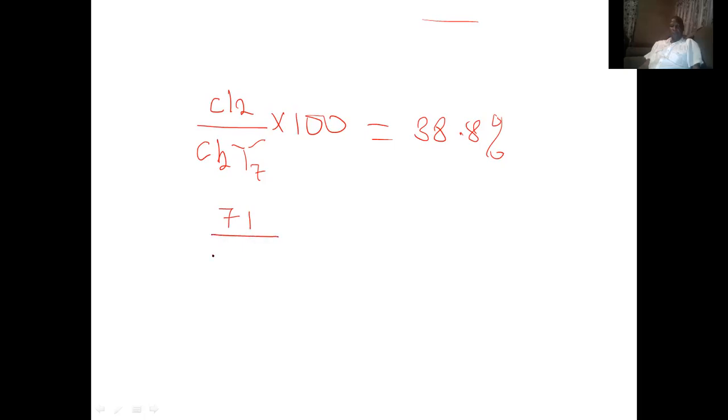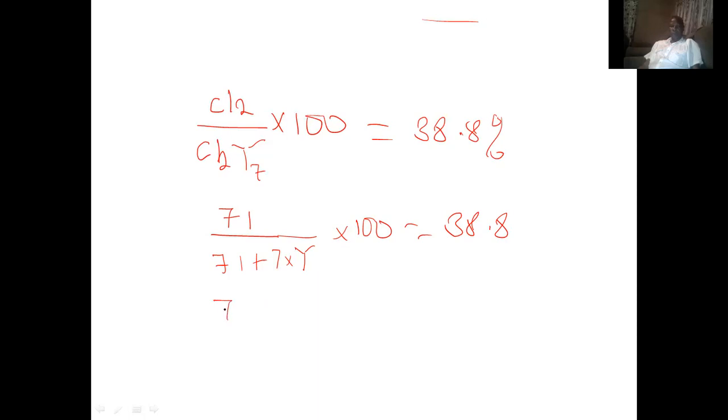And this one is also 71 plus 71 multiplied by Y, which is multiplied by 100, which is equal to 38.8. And so what we have here is we can cross multiply this.